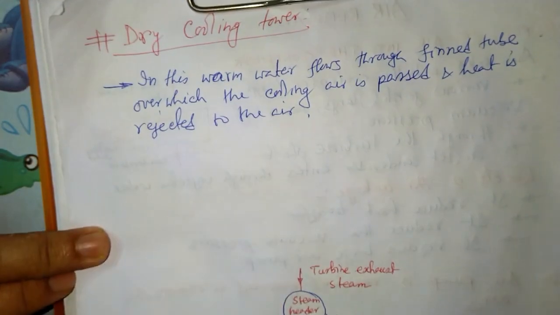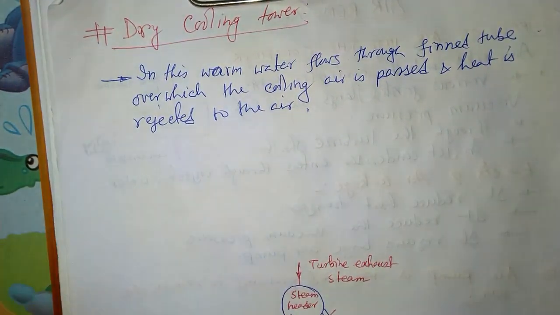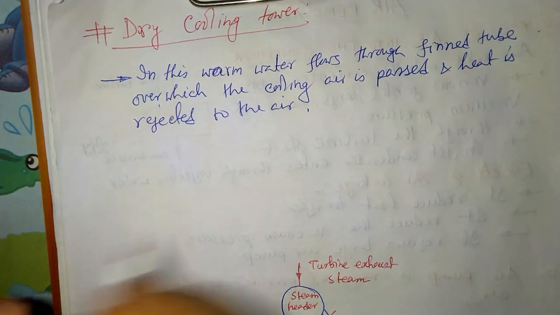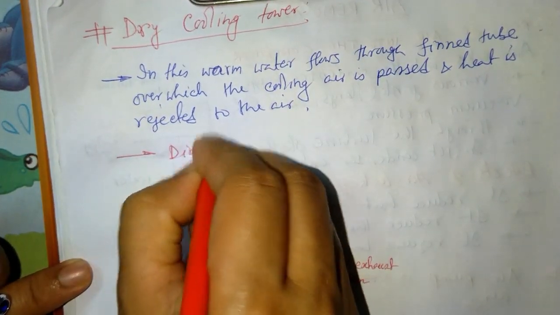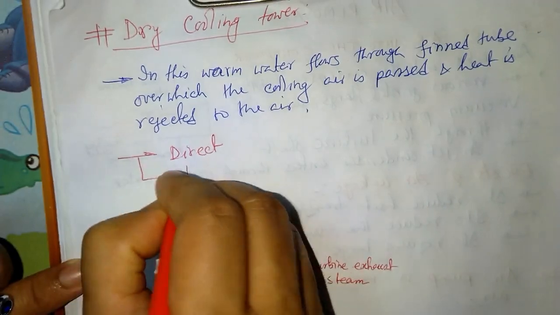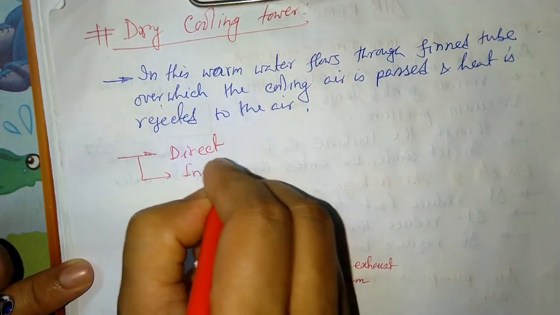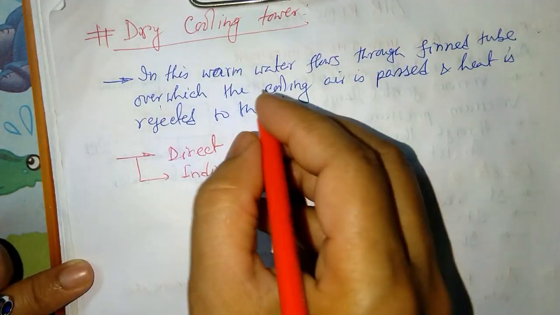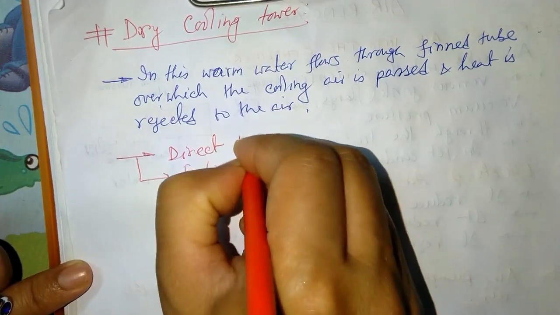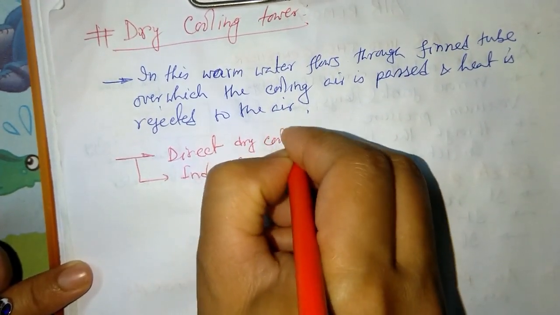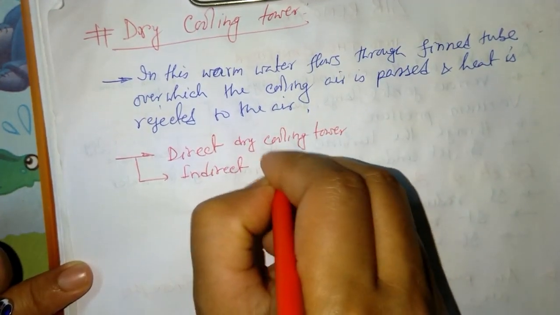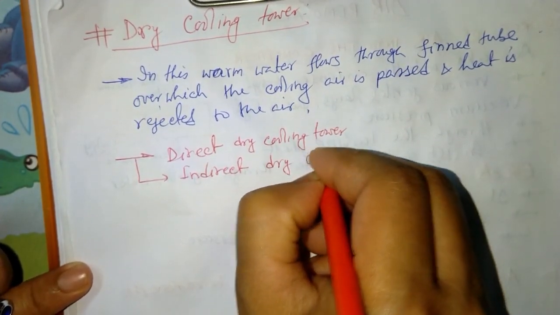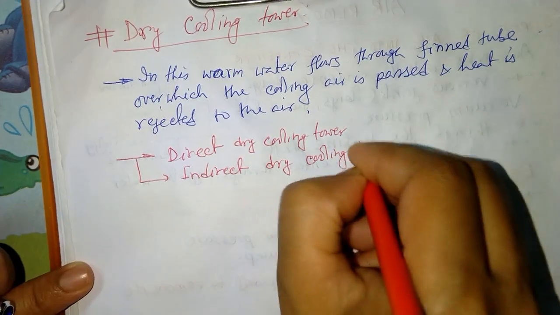And due to that, water is cooled. And there are basically two kinds, one is direct and another one is indirect: direct dry cooling tower and indirect dry cooling tower.